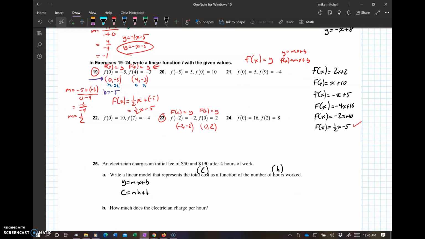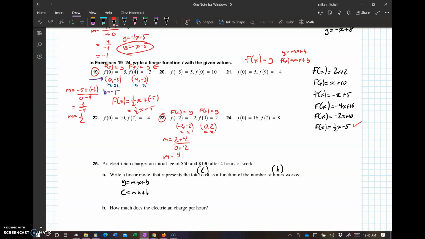And same thing down here. I converted my points. X is -2, y is -2. Gave me -2, -2. X is 0, y is 2, 0, 2. So I'll do this one, x1, y1, x2, y2. My slope, 2 minus -2 over 0 minus -2, plus a positive, plus a positive.